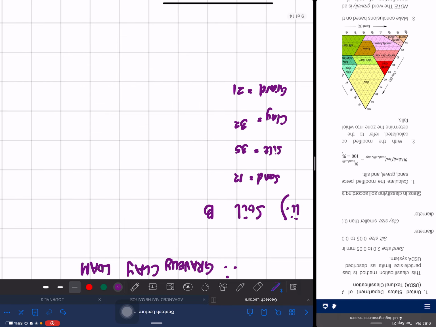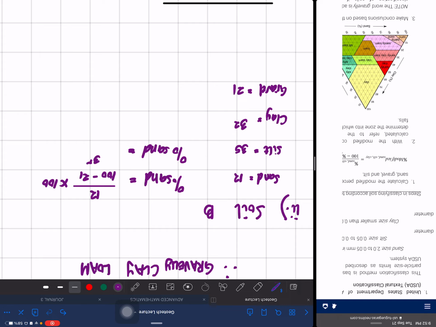So, gagawin natin, i-modify natin yung percent ng sand. That will just be equal to 12 all over 100 minus yung percentage ng gravel, which is 21, multiplied by 100. So, silt din, ganon. Ang babaguhin lang natin yung numerator.